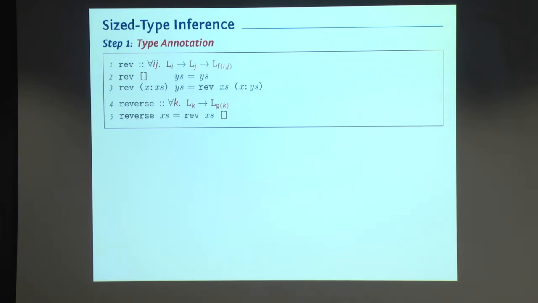Now, type inference amounts to finding a concrete interpretation of these functions that we have introduced in this example, f and g, for the return types of the auxiliary function and the reverse function.